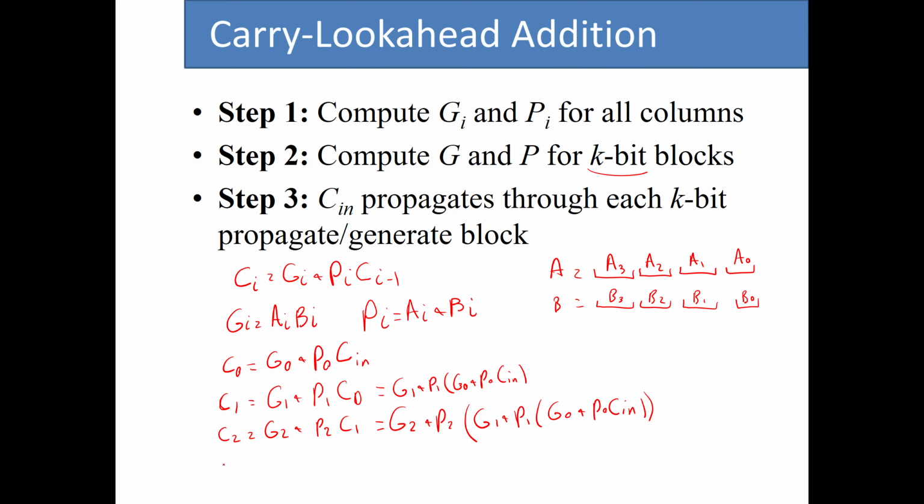And this process is repeated to calculate C3 as well. So this is G3 plus P3 multiplied by C2, or being ANDed with C2. So that becomes G3 plus P3 times G2 plus P2 times G1 plus P1 times G0 plus P0 Cin.